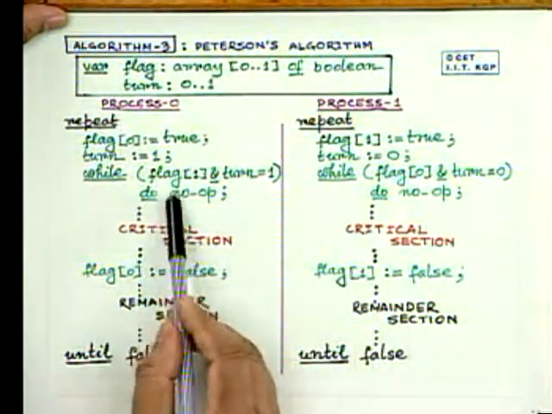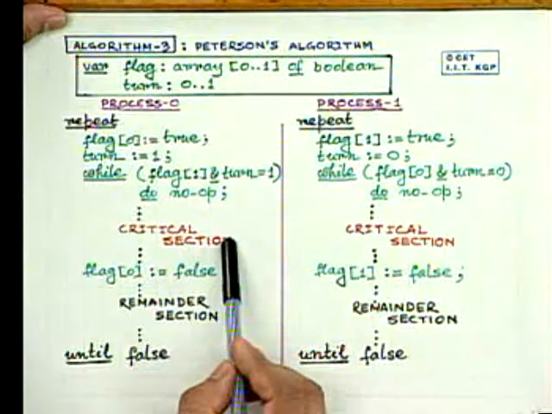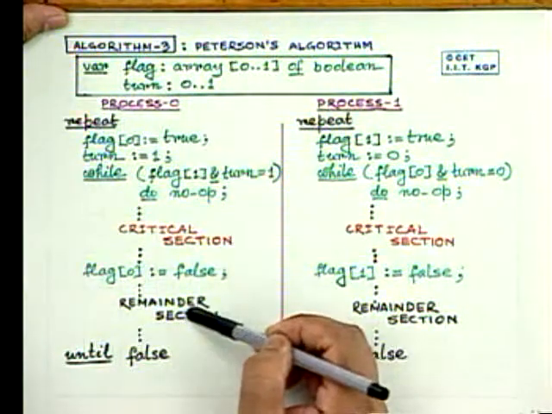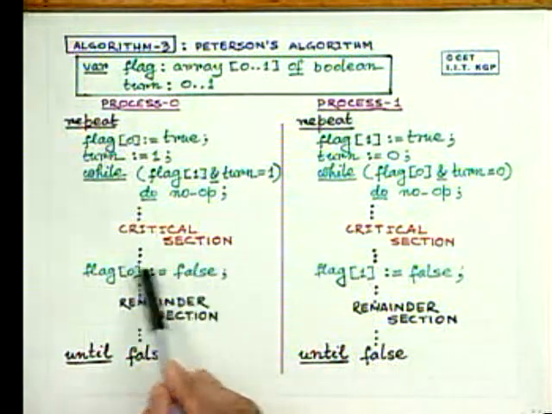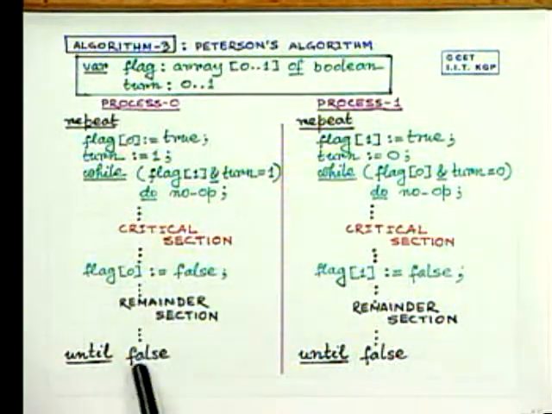It executes the critical section, and when it exits the critical section, it makes flag 0 equal to false, and enters the remainder section.